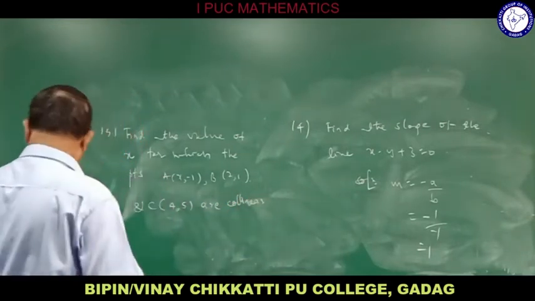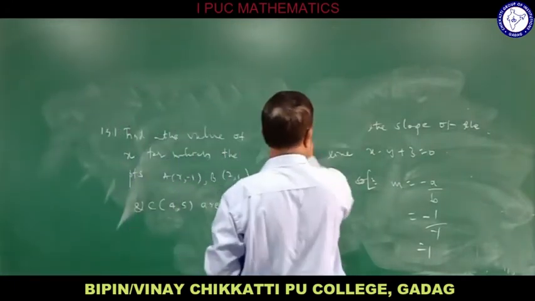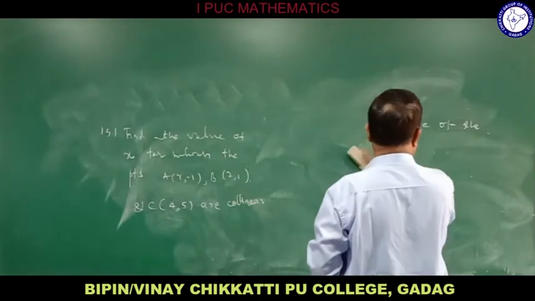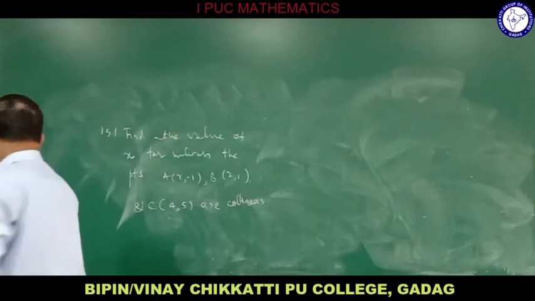So now here you have to see how to find the value of x when all 3 vertices are given and the points are collinear.